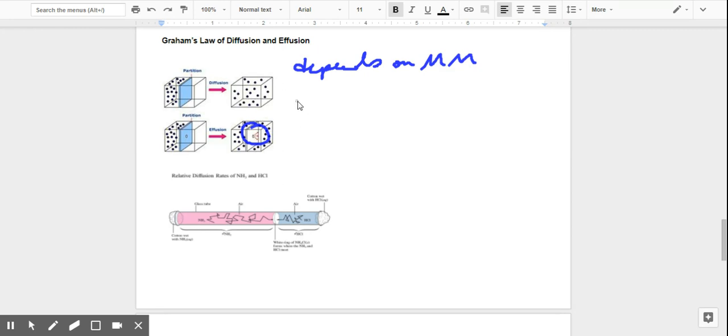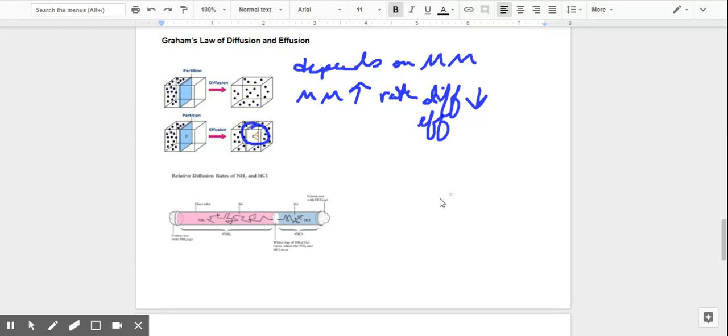As your molar mass increases, your rate of diffusion or effusion actually decreases, because heavier things move slower. So the rate of mixing or the rate of gas escaping through a tiny opening will decrease as the molar mass increases.